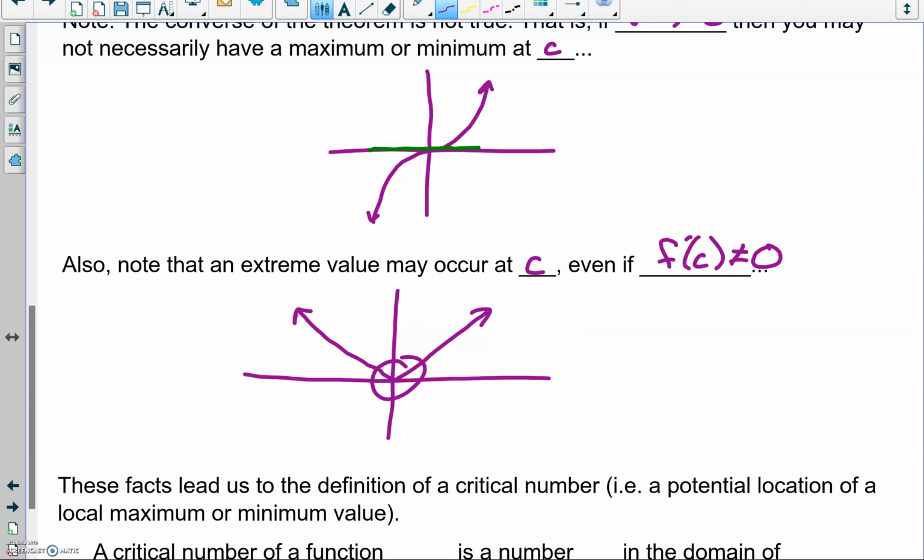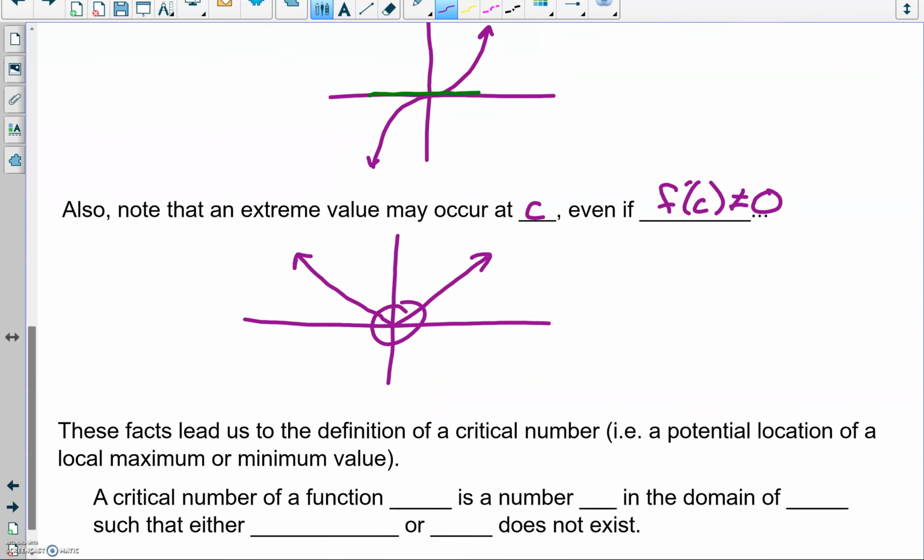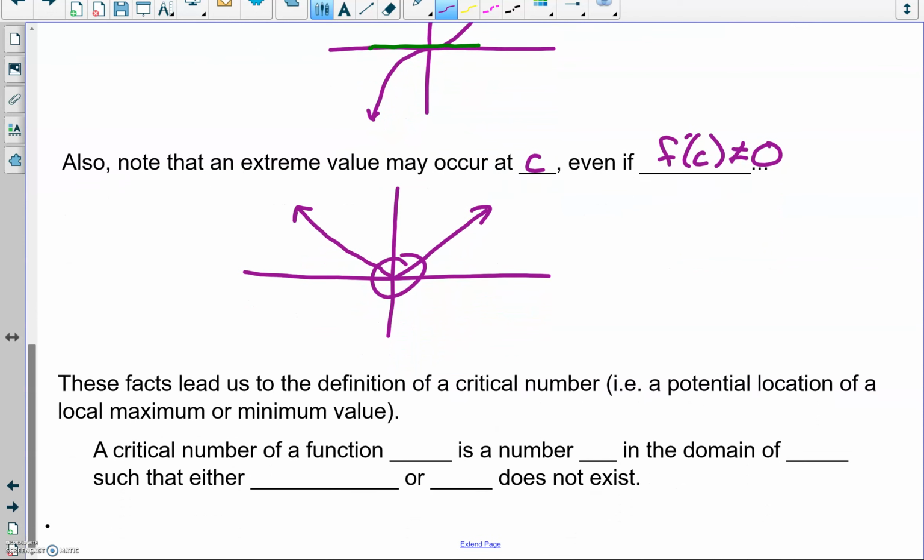The slope on the left and the slope on the right are different. If you do the limit definition of a derivative, you get different values. The derivative doesn't exist, and we have to pay attention to that because of this particular example and others like it moving forward.